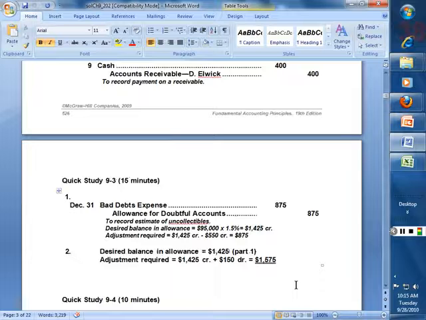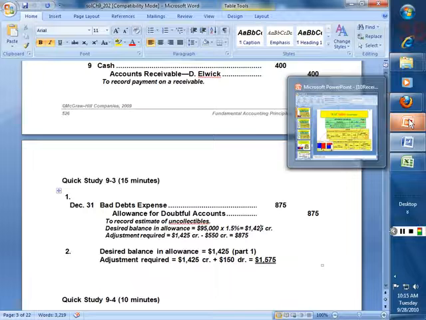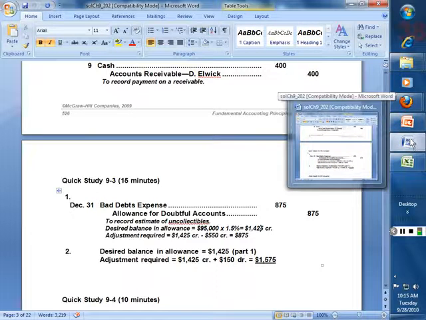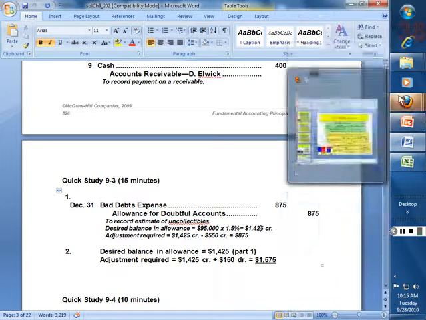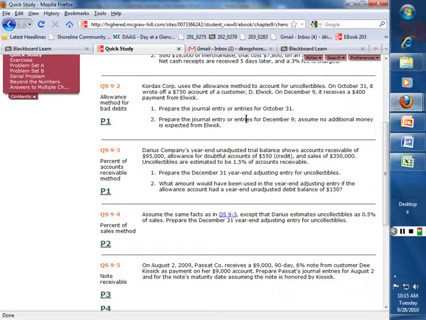All right. Now let's move on to Quick Study 4 and deal with the percent of sales on account method, the income statement focus method. Let me bring that up. Just getting used to Windows 7 here. So, Quick Study 4, the same facts as Quick Study 3, except the firm uses a percent of sales on account.